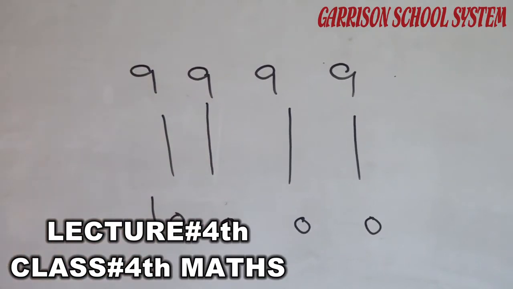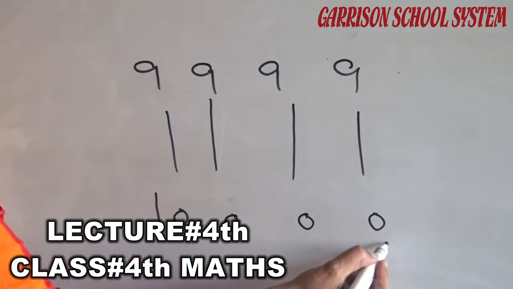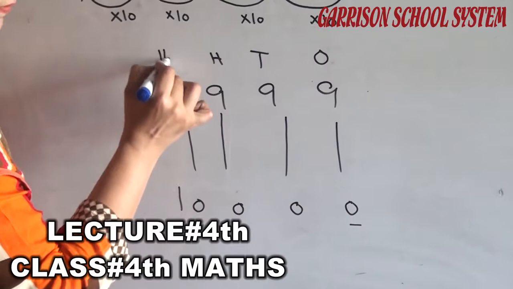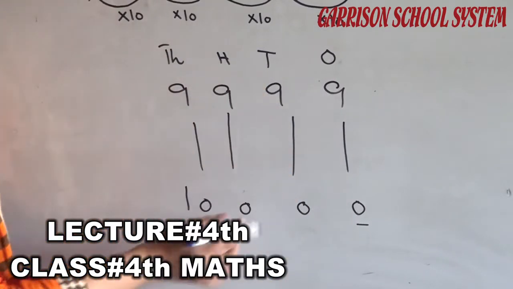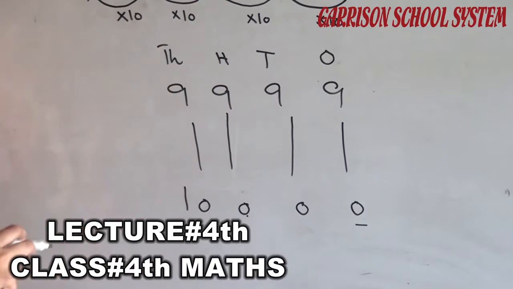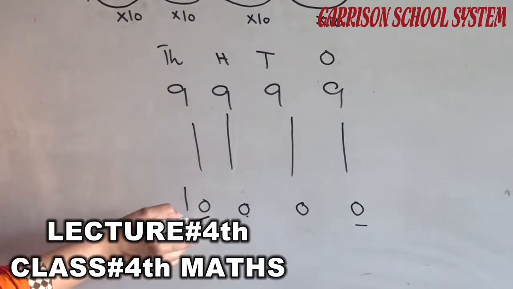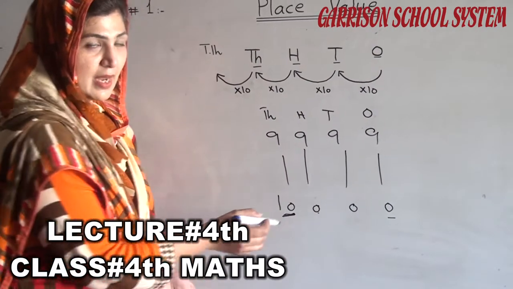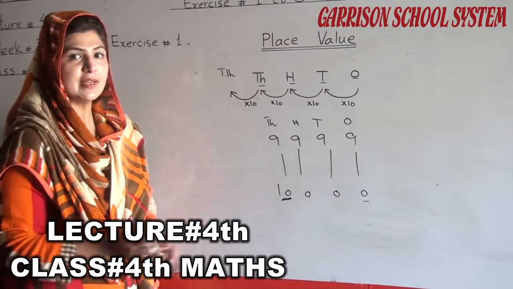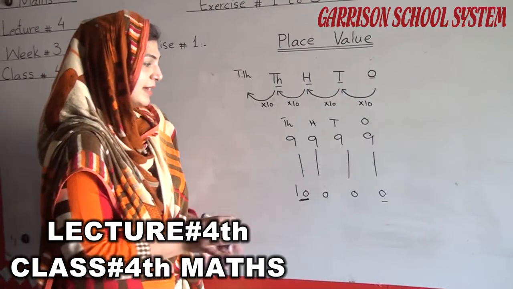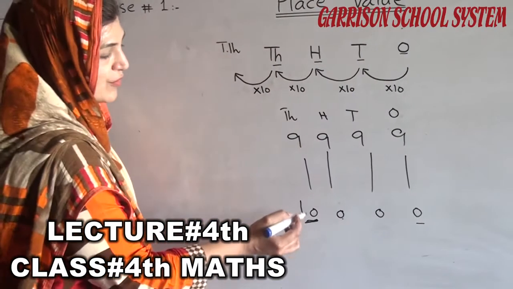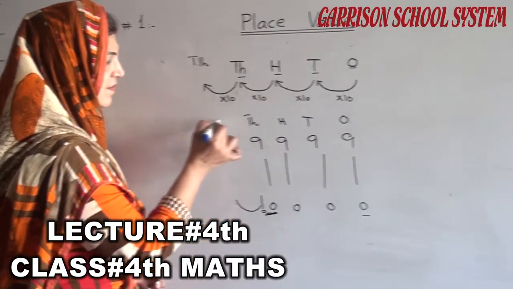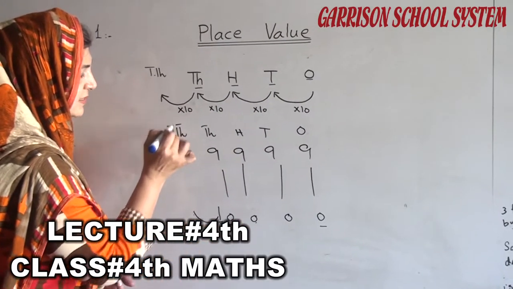We already know this 0 is the ones place, this 0 is the tens place, this 0 is the 100 place, but this is 10. Oh no, what can I do? Because this is a 2-digit number, and a 2-digit number cannot fit in one place. So we cannot write a 2-digit number in one place. We have to move this 1 to the next place. The next place will be the 10,000 place.